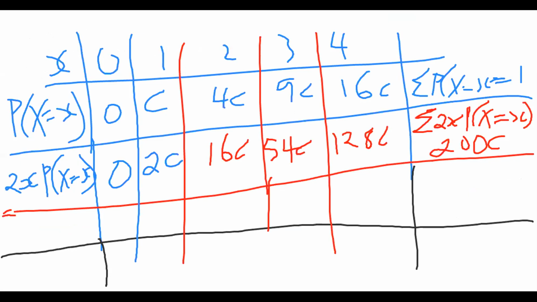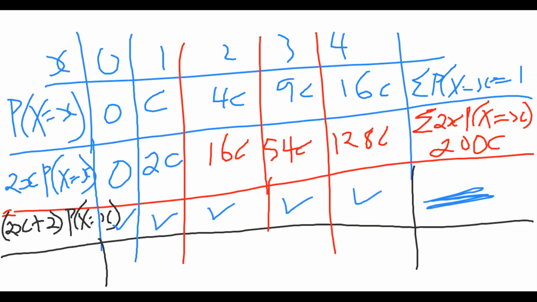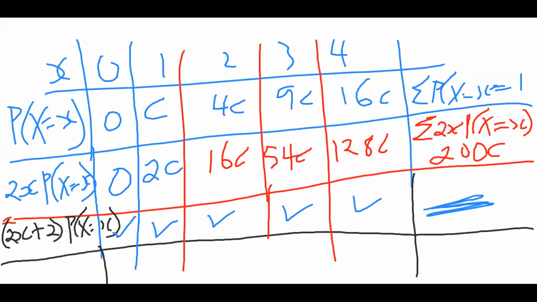So we have to get 2x plus 2 times the probability of x equals x. Now I want you to try this and get me the values here, then get the total when you have substituted. Then tell me the answer, and then we go to our conclusion.